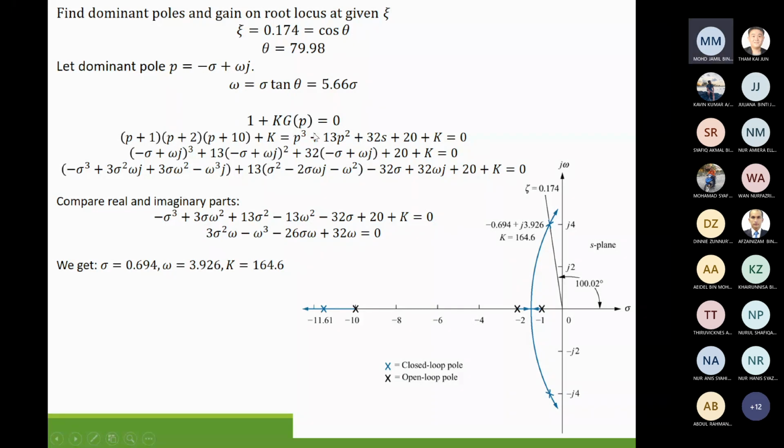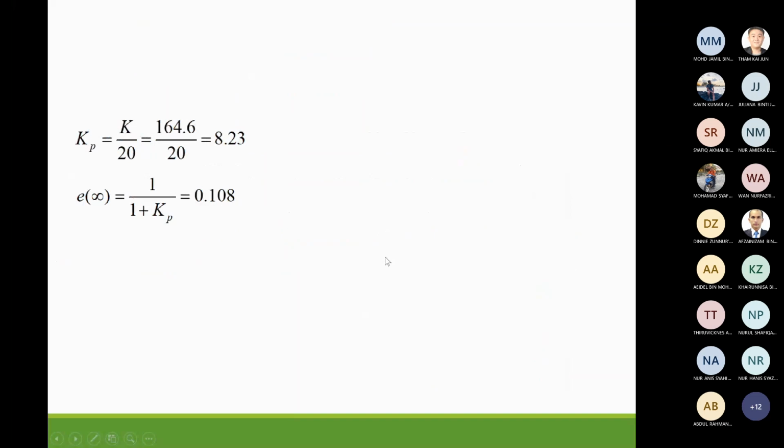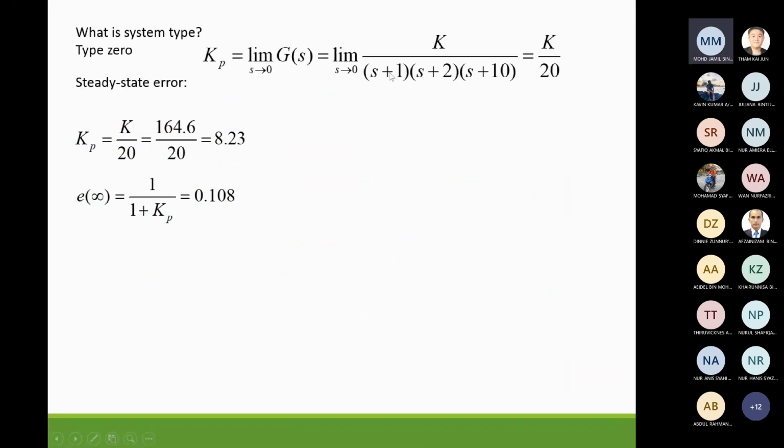At this point, the gain K is 164.6. So the system is type 0 because on the plant, we have s to the power of 0 at the beginning here. So the system is type 0.